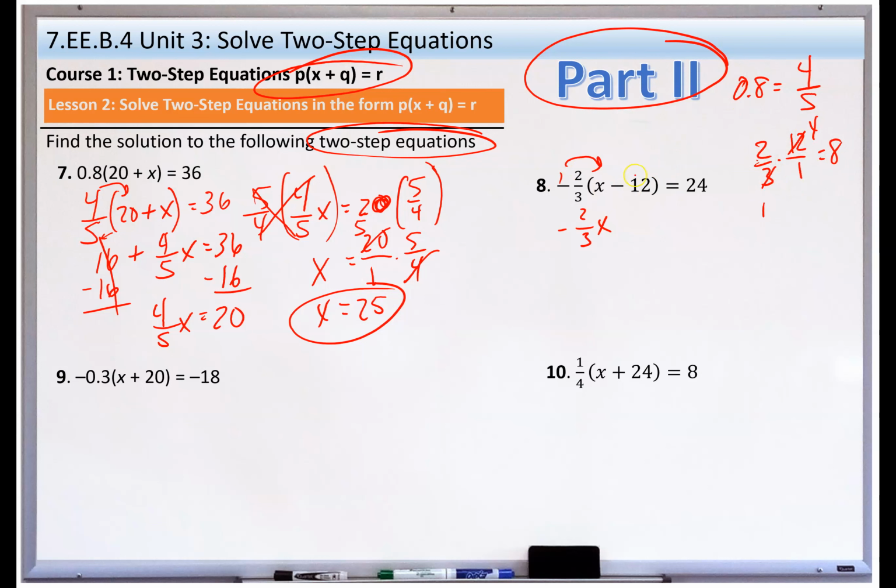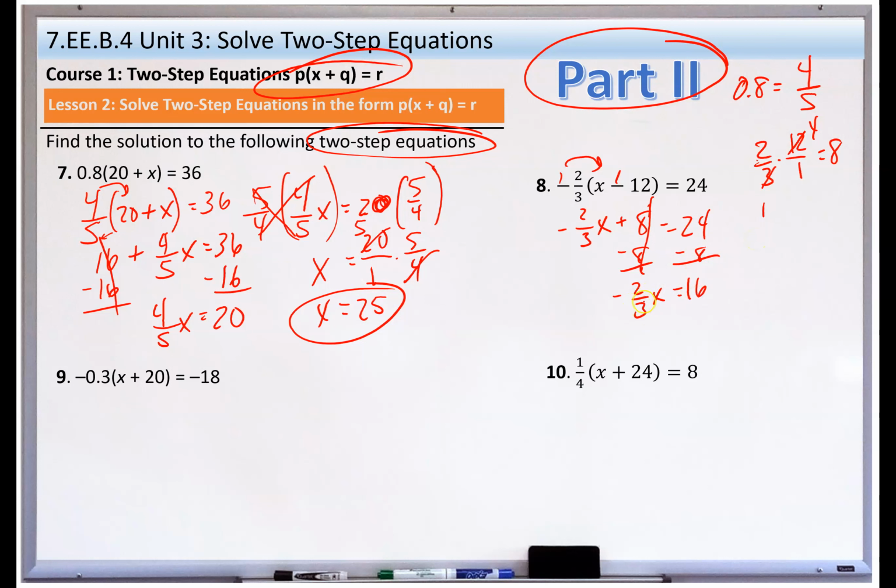A negative times a negative is positive, so that's a plus 8, equals 24. You have to know how to multiply by those fractions. So I'm going to subtract 8 from both sides. Now all I have left is negative 2/3 x equals 24 minus 8, which is 16.